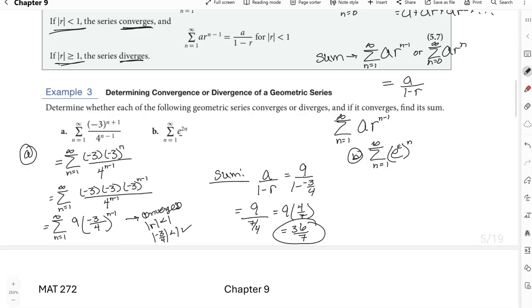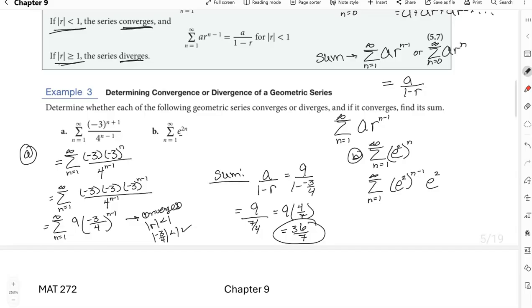I need this to be an n minus 1. So what if I were to rewrite this e squared to the n? Let's change it to n minus 1 and multiply by e squared.